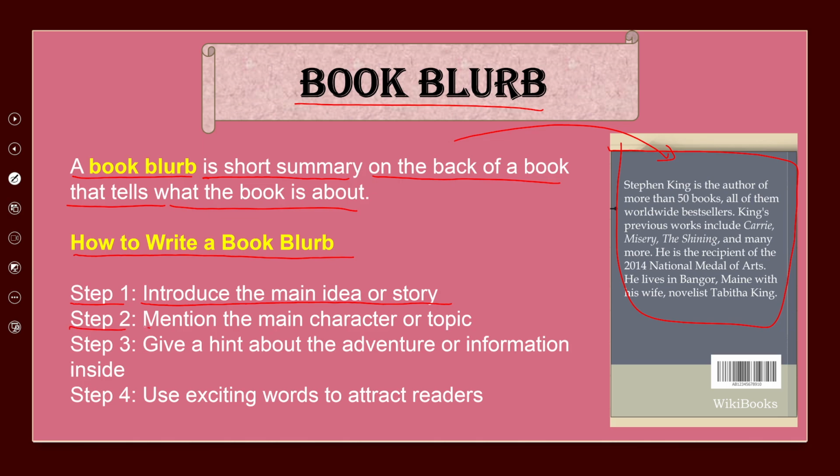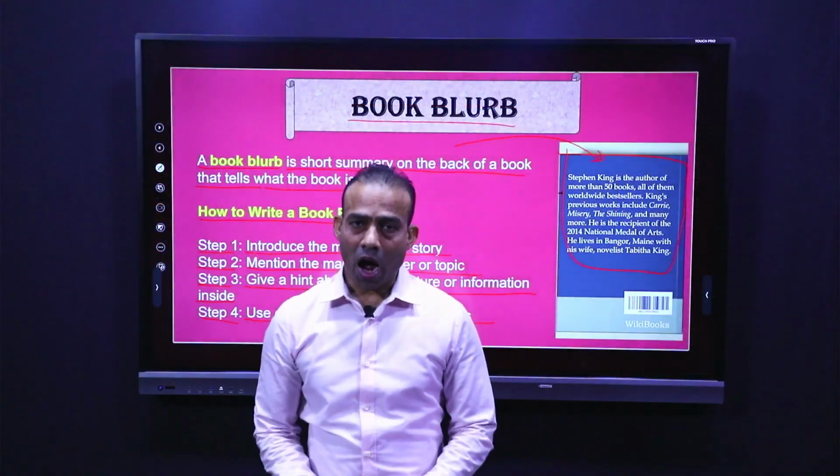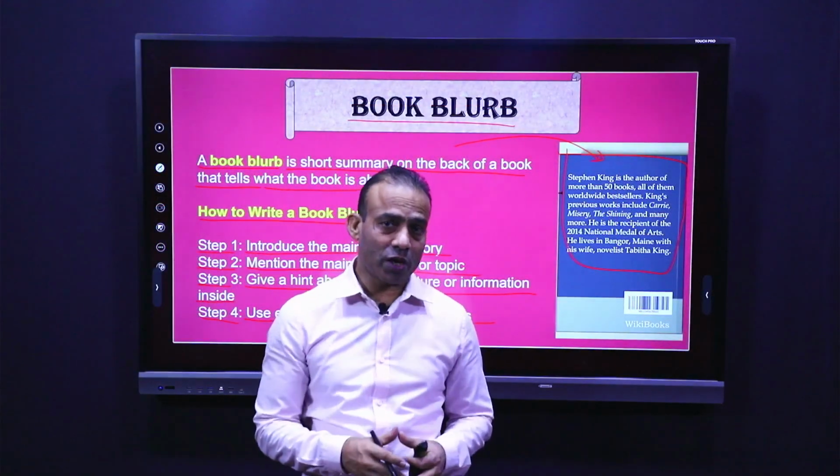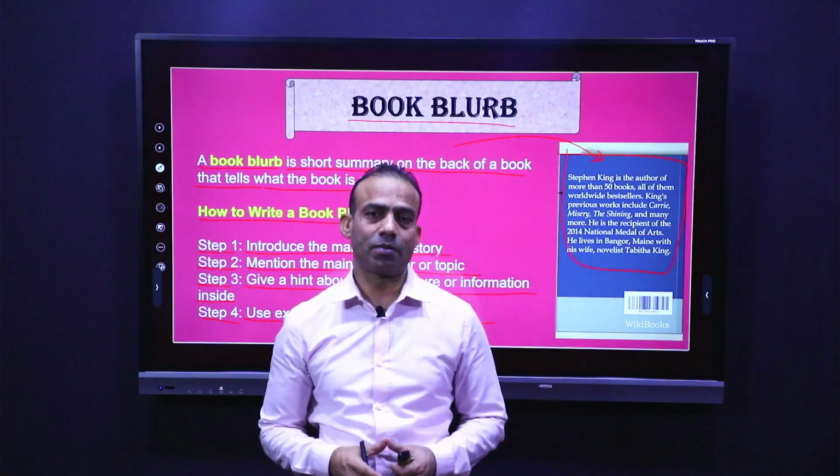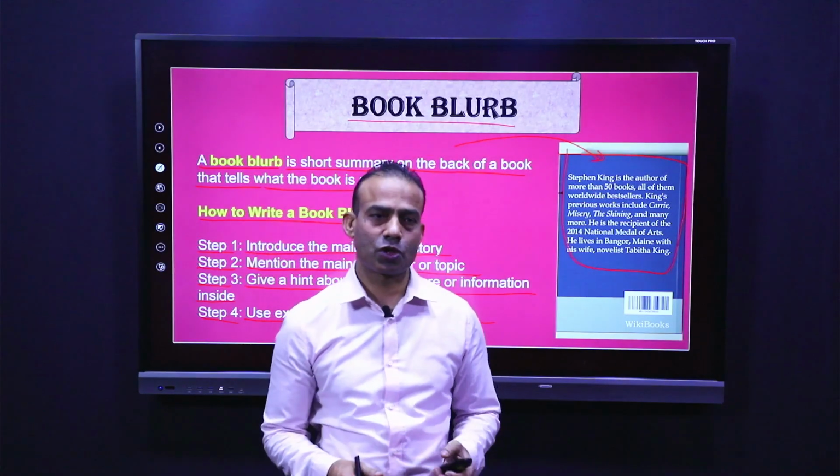Step 2. Mention the main character or topic. Step 3. Give a hint about the adventure or information inside. Step 4. Use exciting words to attract readers. So, in this way, we write a blurb. Let's move to the next portion.